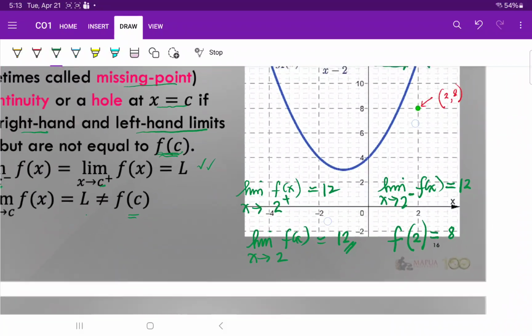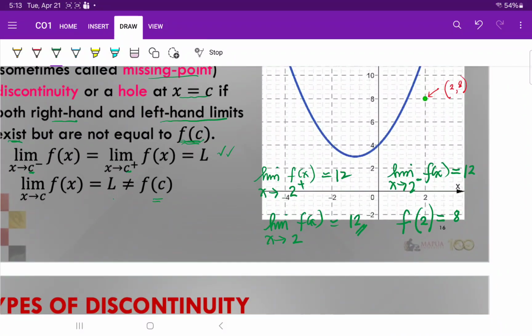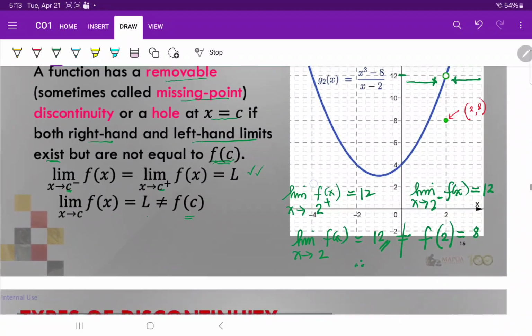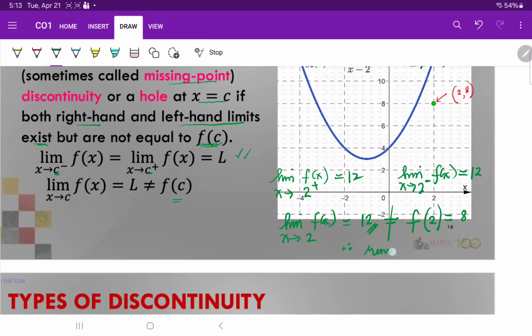So we say that the two-sided limit exists and is equal to 12, but is not equal to f of 2. Therefore, this is what we call a removable discontinuity.